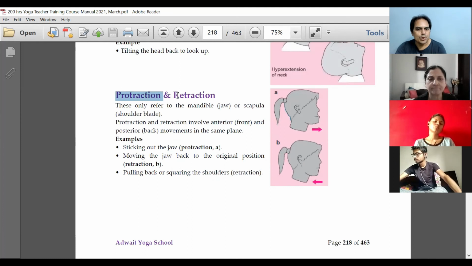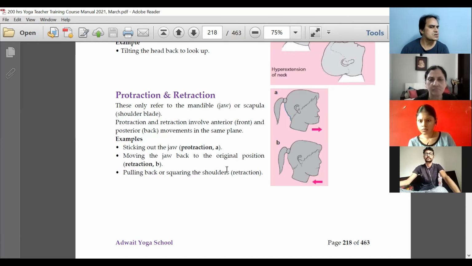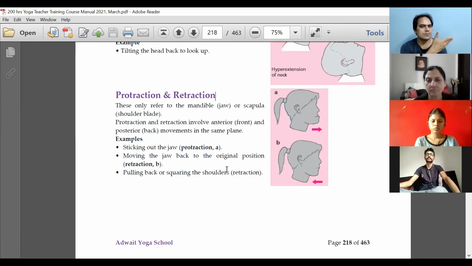Now comes protraction and retraction. When you take this forward, that's called protraction. When we bring it back to normal, that becomes retraction. So moving the jaw forward is called protraction, and bringing it back is retraction. Clear?